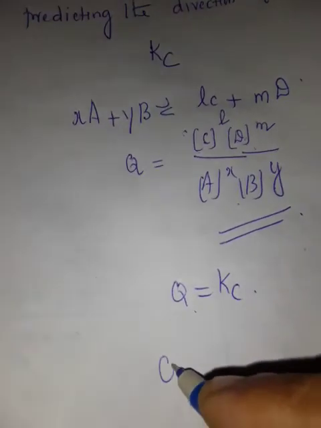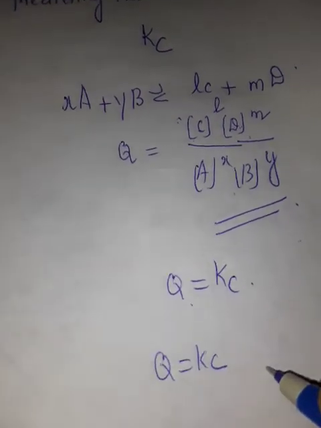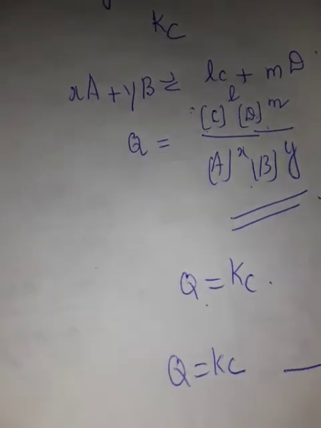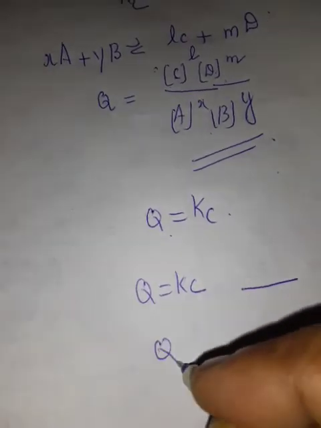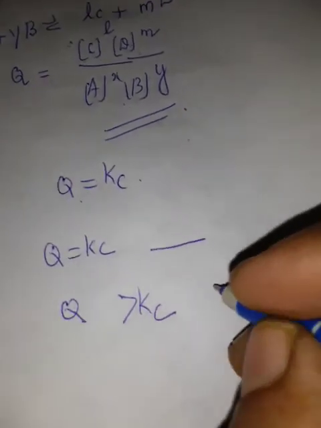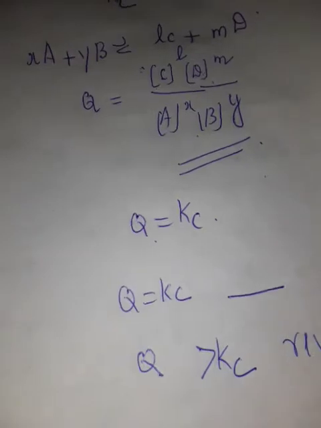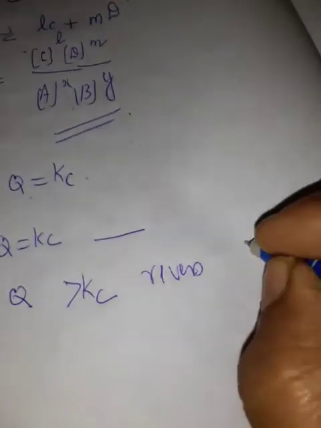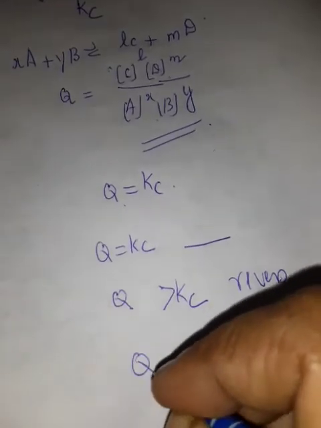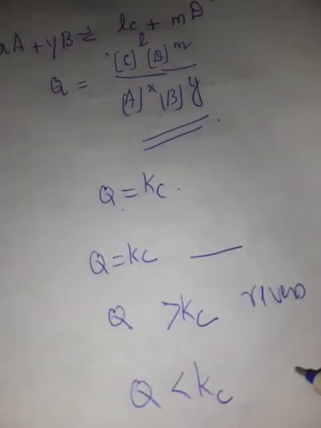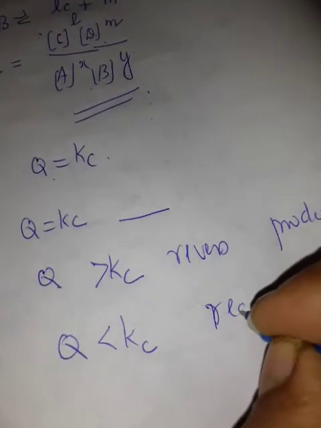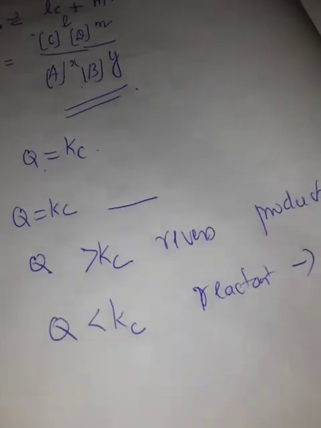Suppose Q equals Kc, the reaction is in equilibrium state. There is no change in the reactants and products. Suppose Q value is greater than Kc, then the reverse reaction is favored. Reverse means products giving reactants. Suppose Q is less than Kc, the forward reaction is favored, that is, reactants are converted to products.